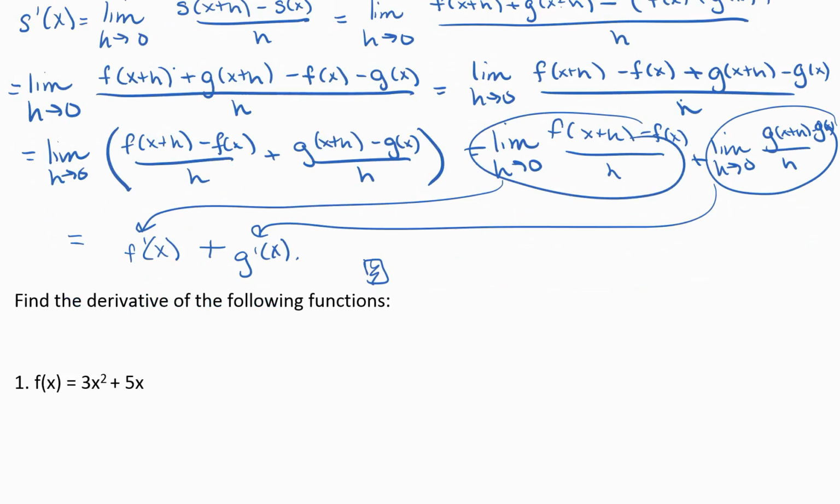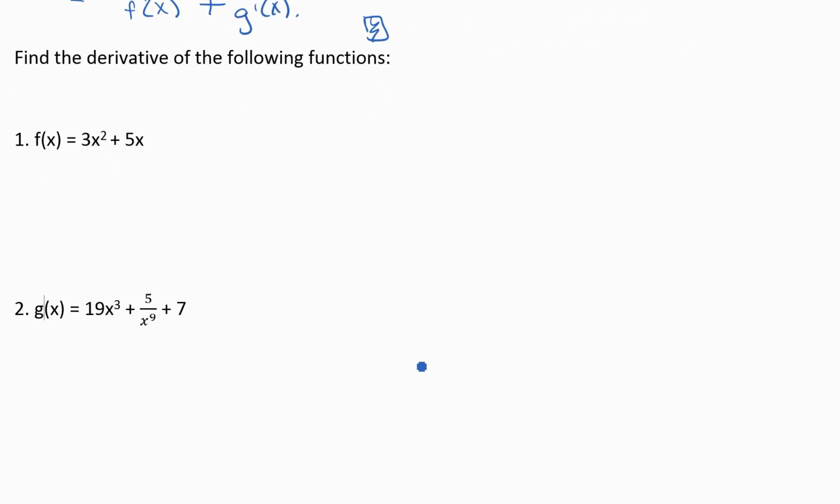Okay, so what this is saying is if you're adding or subtracting things, you can take the derivative of each piece. So here, the first one we want to look at is f of x equals 3x squared plus 5x. So we're going to take the derivative of 3x squared. So we take 2 times 3, which is 6x. We would subtract 1 from the squared, so we just get x to the first power.